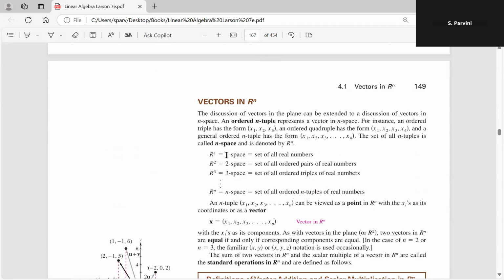So R1 is 1 space, then 2 space, 3 space, and 4 space, and so on, all the way up to n space. Again, of course, visually beyond 3, we don't visualize these, but theoretically they exist. In the case of plane vectors, we have ordered pairs, right? x1, x2. In the case of R3, we have ordered triples, x1, x2, x3.